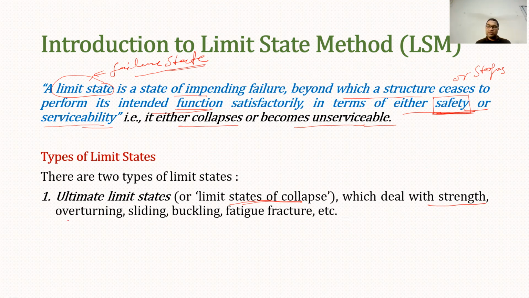If the structure overturns, then it will be considered collapsed, or it may slide, then also it will be considered to have reached the failure state, or it may buckle, or suffer fatigue fracture. These are the various phenomena on which we consider that the limit state of collapse has occurred. That is the first limit state with which the structure can fail.